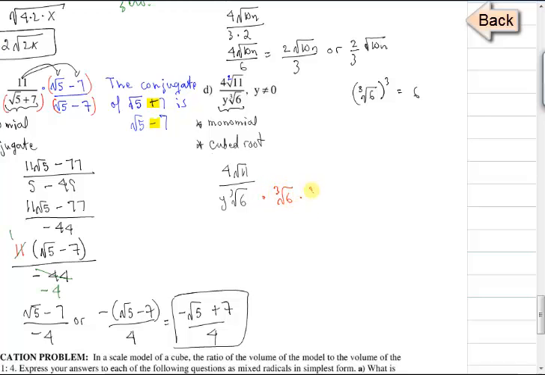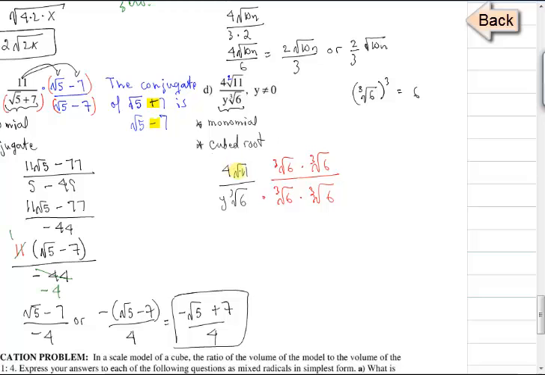So, okay, so I've got cube root of 6 times cube root of 6 divided by the cube root of 6 times the cube root of 6. So this whole expression here that is in red is equal to 1. So I'm not changing the value of my original expression.